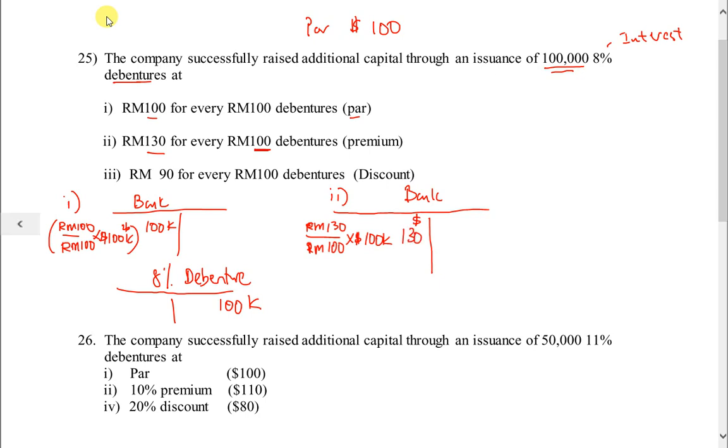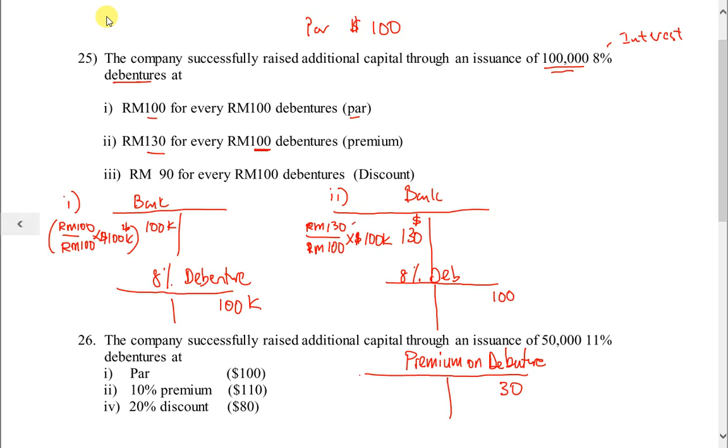Credit 8% debenture, always at par, 100,000, and credit premium on debenture 30,000.